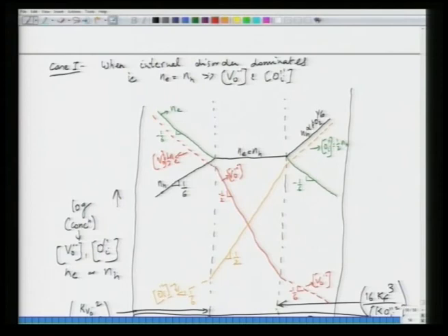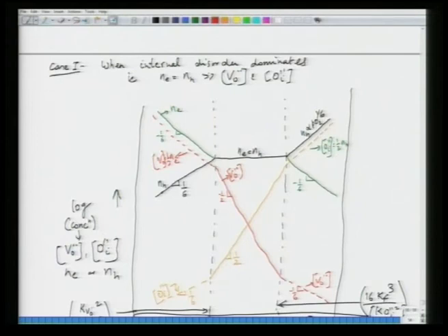So, this is how you will plot the concentrations of each of them, because the moment you draw one of them, you get the lead to draw the others in other regions. First we do Ne equal to Nh in the central region, which is the stoichiometric region, and then from the ends of Ne and Nh you follow the Ne and Nh plots according to the equations that you worked out in the previous slides.